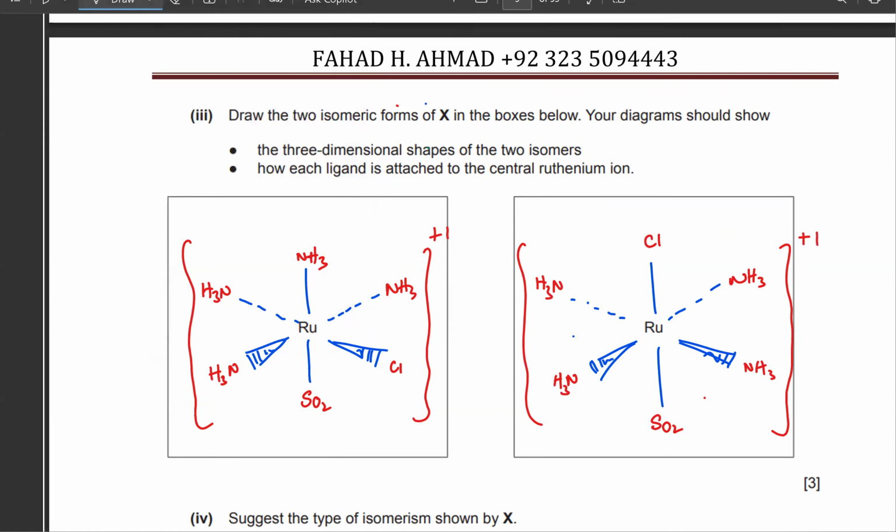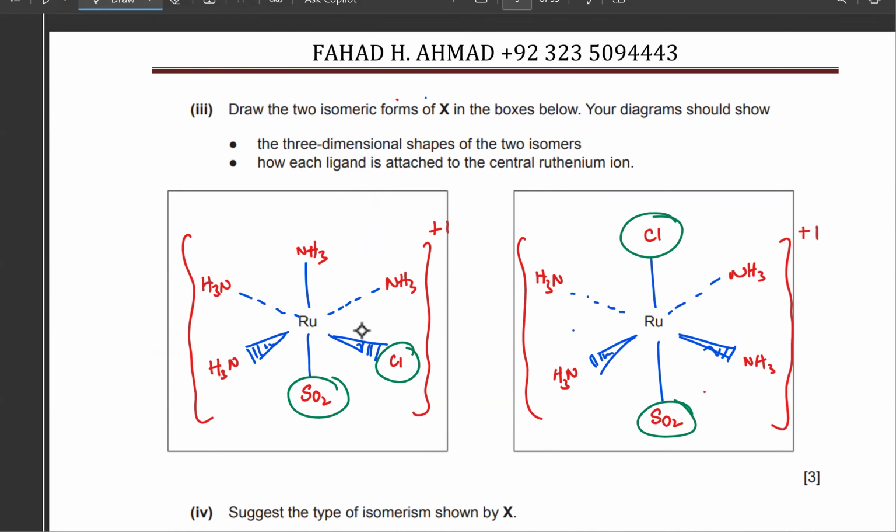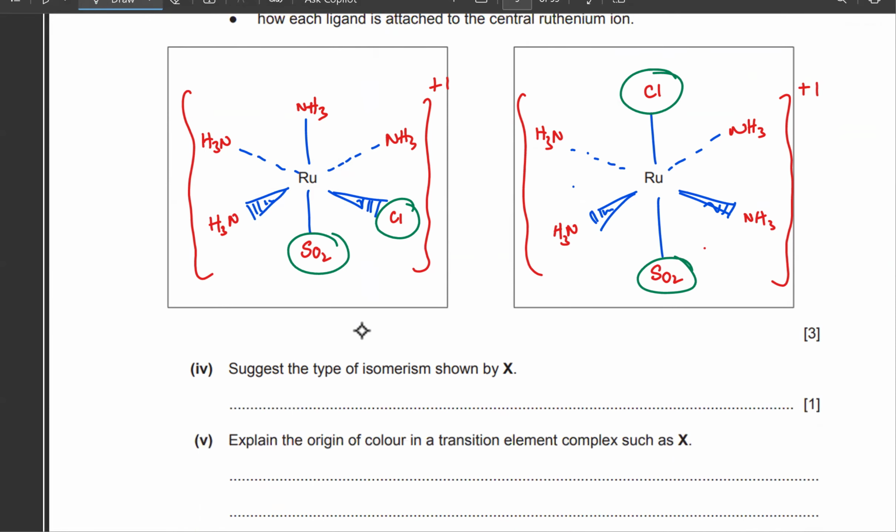So cis and trans: cis together, and trans is the opposite side. Is this part clear? Yes, sir. So what type of isomerism? That's geometric, cis-trans. And explain the origin of the color, that's the same thing.